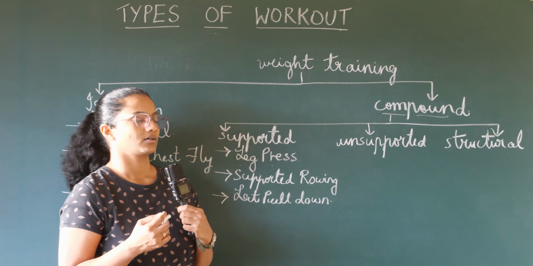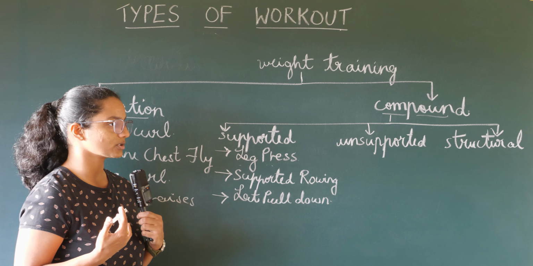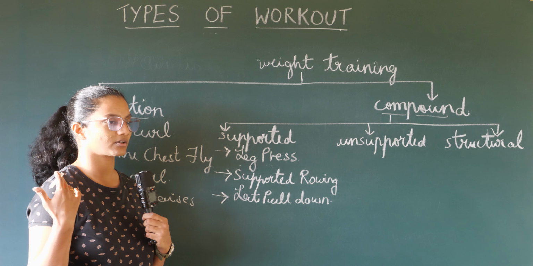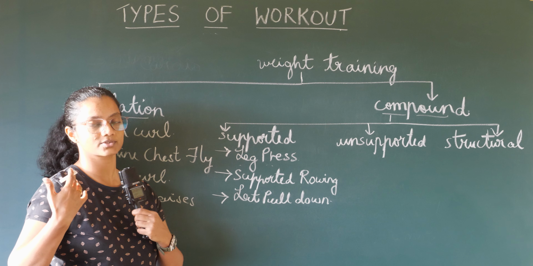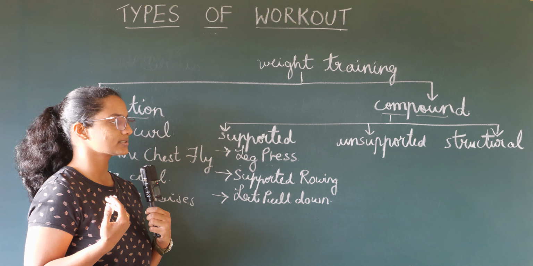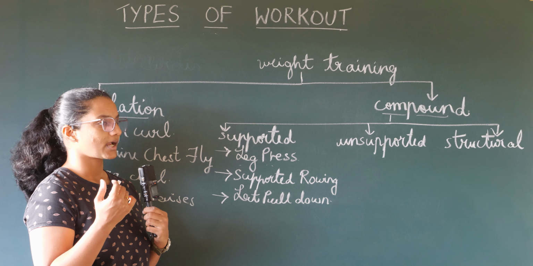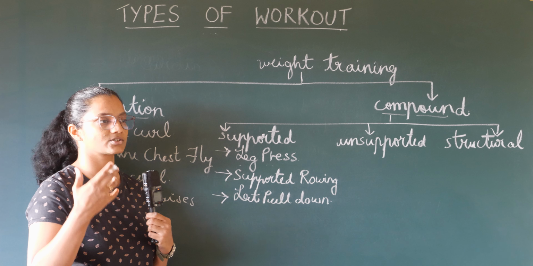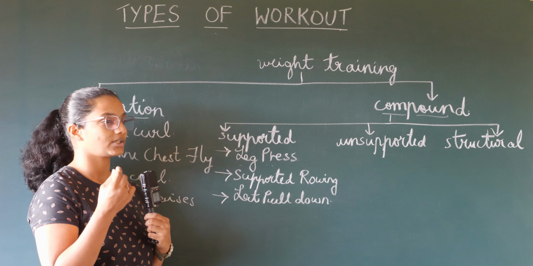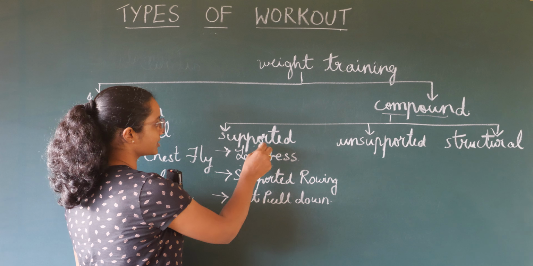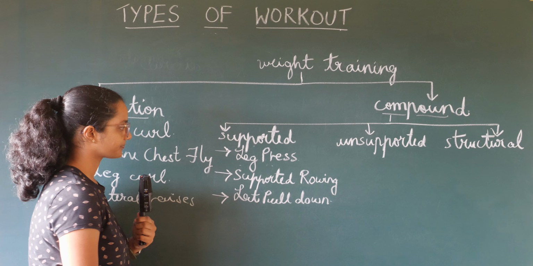Here you're using a support, okay. A back rest is there, that's where you use the support, and there is movement taking place at multiple joints, that is your hip joint, your knee joint and your ankle joint. So that's why it is a supported compound movement.